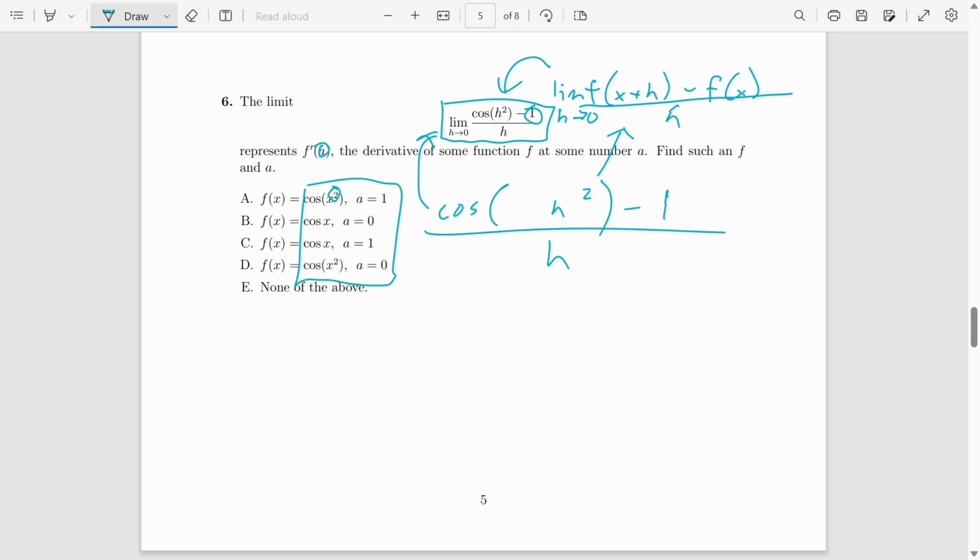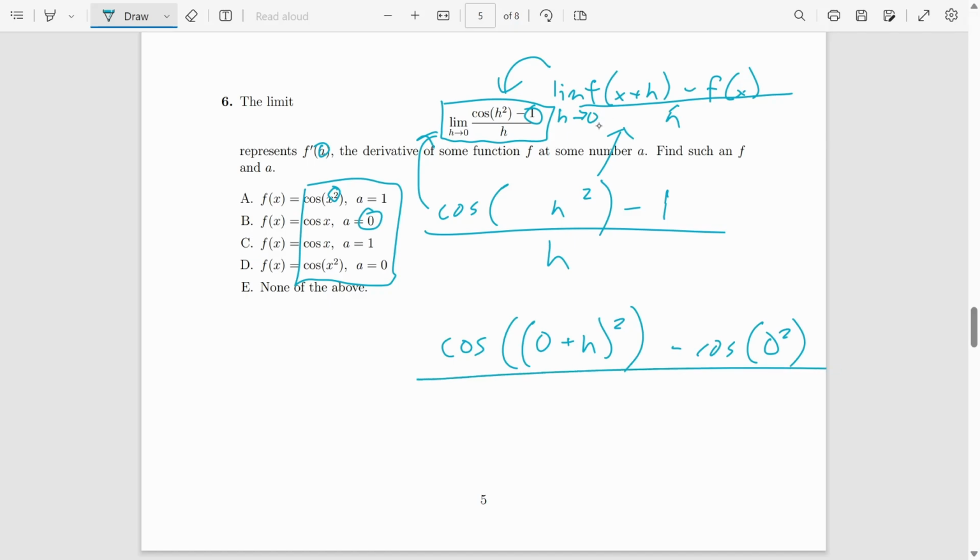So in a case like that, where a equals 0, that would end up being cosine of (x plus h) squared, where x is a and a is 0. Let me write this whole thing out: cosine of (a plus h) squared minus cosine of a squared, where a is 0, all over h.